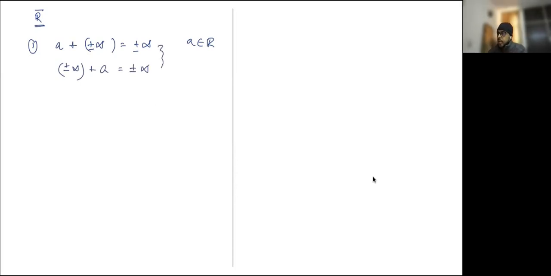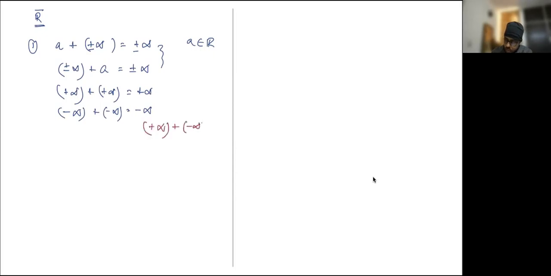Plus infinity plus infinity is also defined. This is plus infinity, minus infinity, this is defined. What is left undefined are these two quantities as far as addition is concerned.